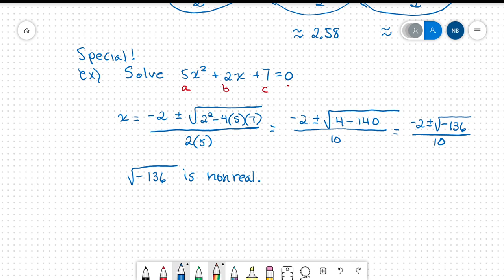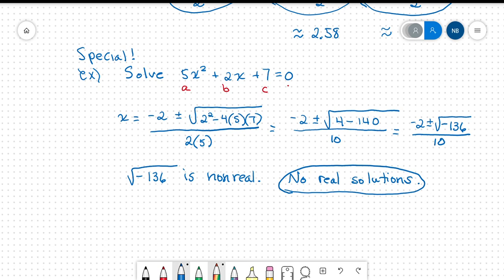And in Algebra 1, the answer to the question is no real solutions. You'll learn a more interesting and more precise way to answer this question in Algebra 2. So here our answer is no real solutions.